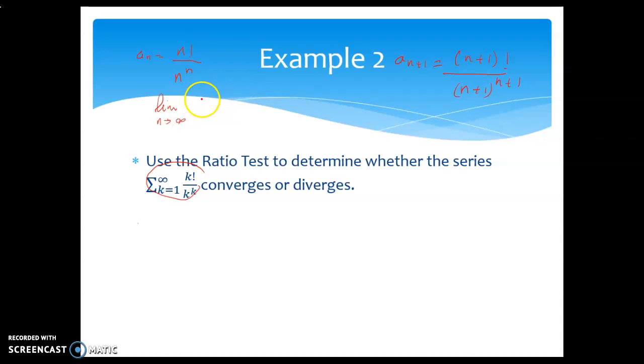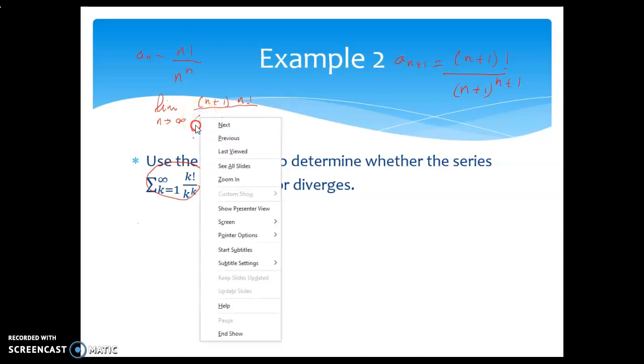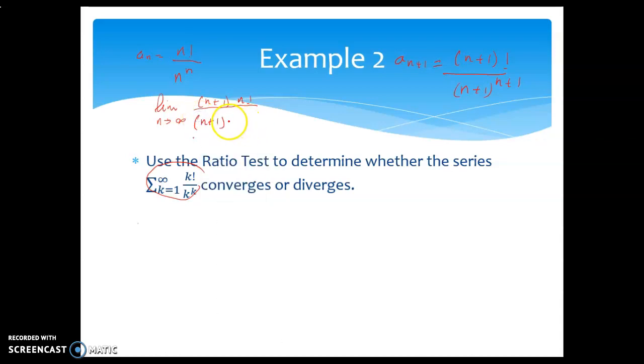So (n plus 1) factorial is going to be n plus 1 times n factorial over (n plus 1) raised to the power of n plus 1, times n raised to the power of n over n factorial.